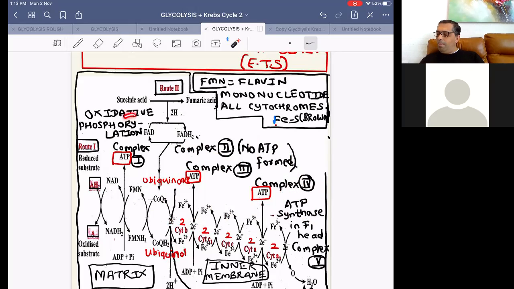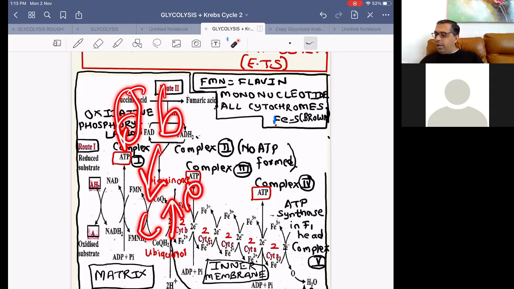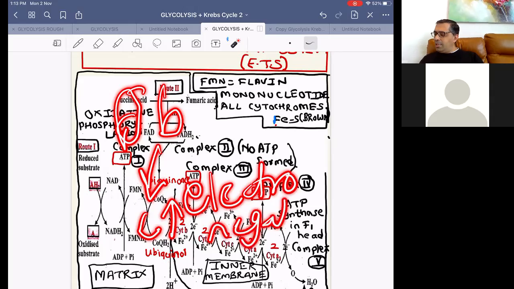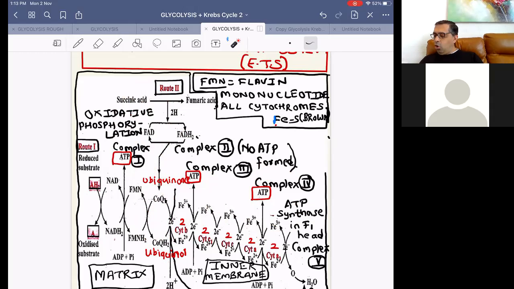So, cytochrome B से ज्यादा electronegative is cytochrome C1. C1 is more electronegative compared to cytochrome B. And because C1 is more electronegative than cytochrome B, electron will go from cytochrome B to cytochrome C1.